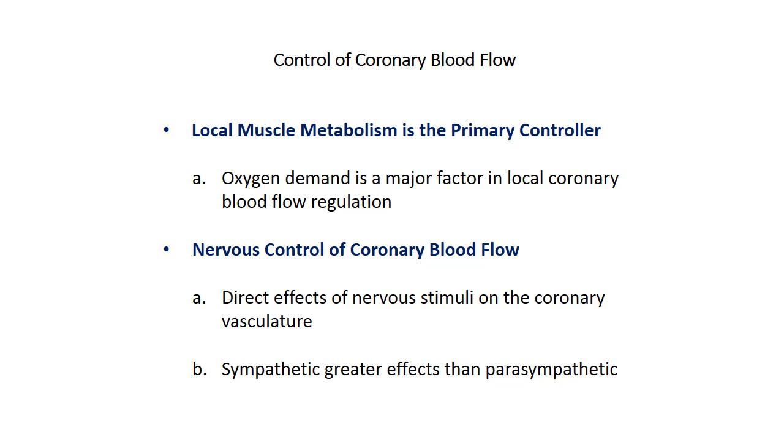The indirect effect results from secondary changes in coronary blood flow caused by an increase or decrease in the activity of the heart. The sympathetic effect is greater than the parasympathetic, but both can affect coronary blood flow. So we can say acetylcholine, norepinephrine and epinephrine are involved in this nervous system control.